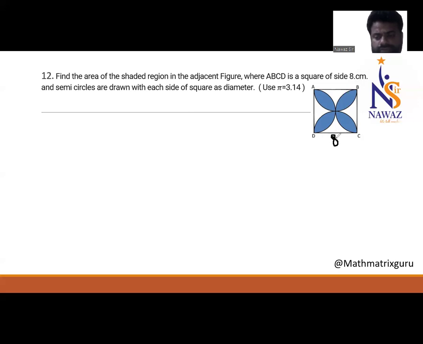This one is a square, so all the sides are equal to 8 centimeter. Also, I'm taking this part as 1, this part as 2, this part as 3, and this part as 4.